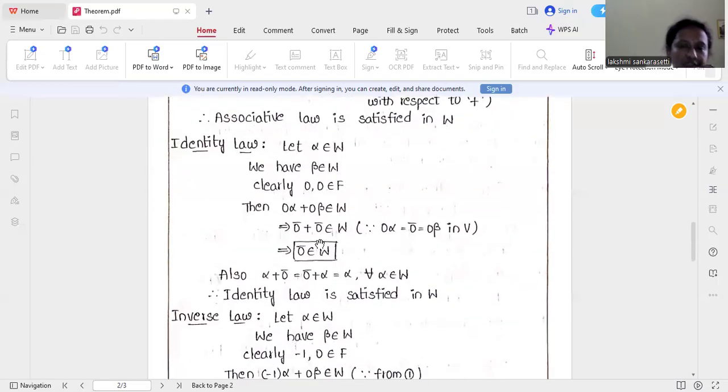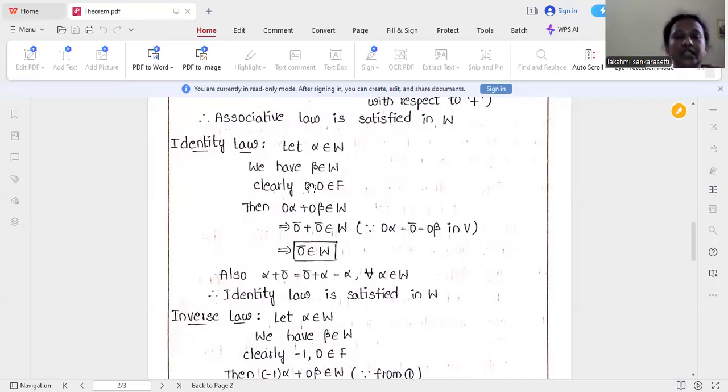Now, the existence of identity in W. The identity property says that for every alpha belonging to W, there exists some vector also belonging to W such that the vector plus another vector is equal to the selected vector. So let alpha belong to W. We have beta also belonging to W from the selection.